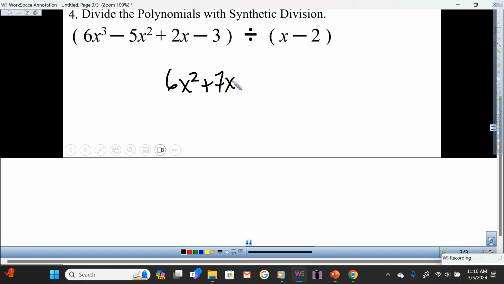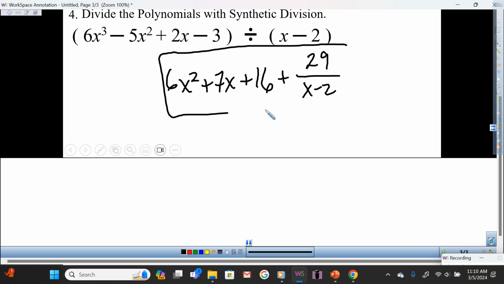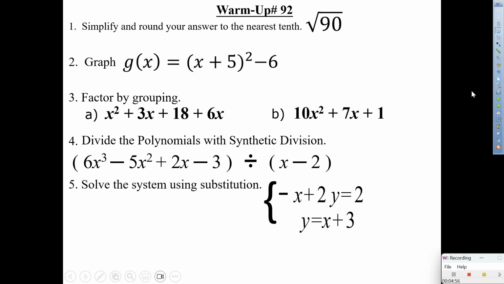Plus 7x? Plus 16? Is that it? You said 29? Like that? Hands if you got that. Looks about right. Woo-wee. Let's go. Make sure you're practicing your synthetic division.